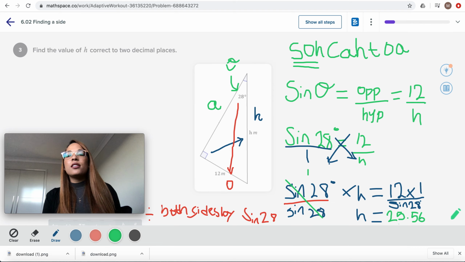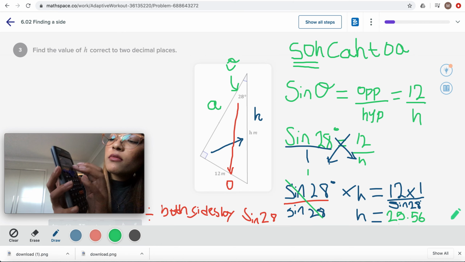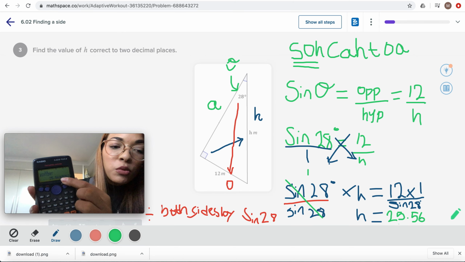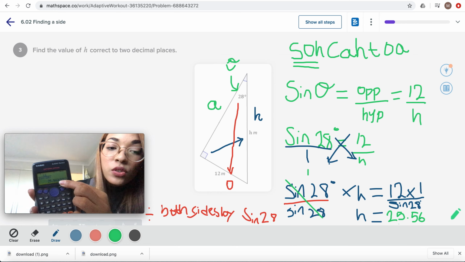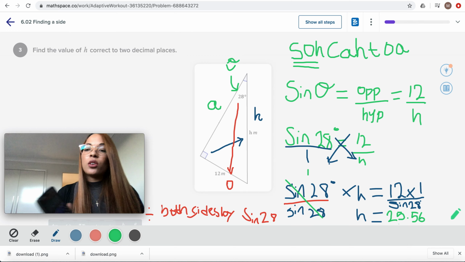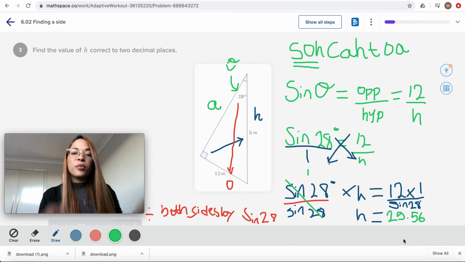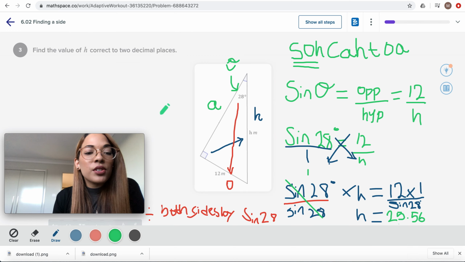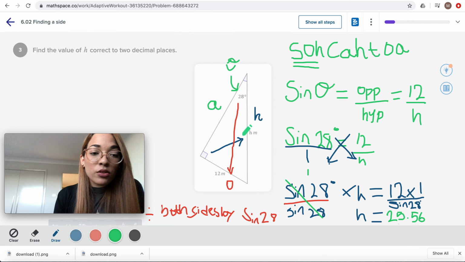To 2 decimal places, my third decimal place is 0, so it's less than 5, so I can leave my answer as 25.56. This is how you find the side of a right angle triangle given a side and an angle.